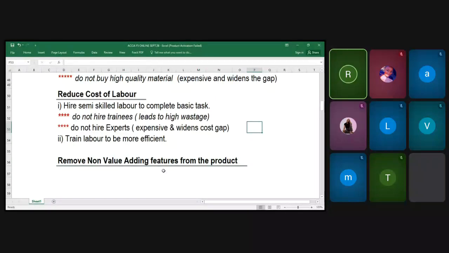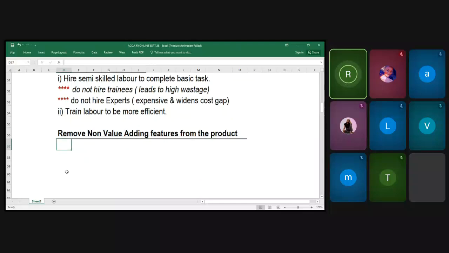Now, if we want to reduce cost by removing non-value adding features, remember, it is not us who determines what is of value in the product. It is the customer themselves.